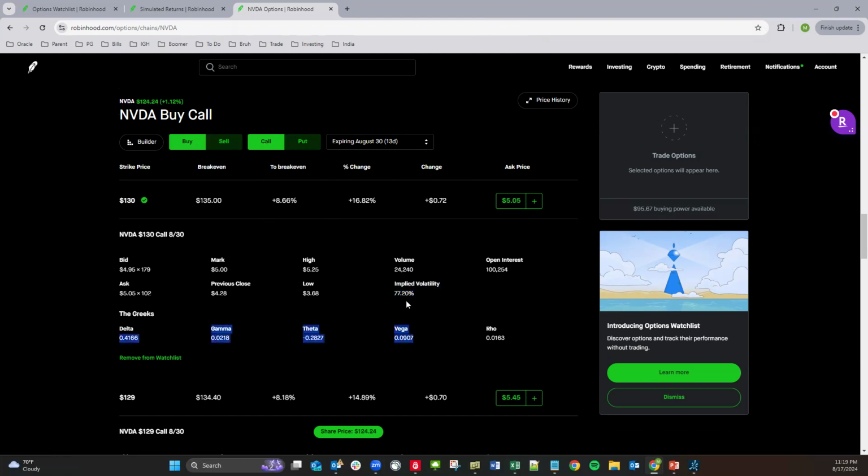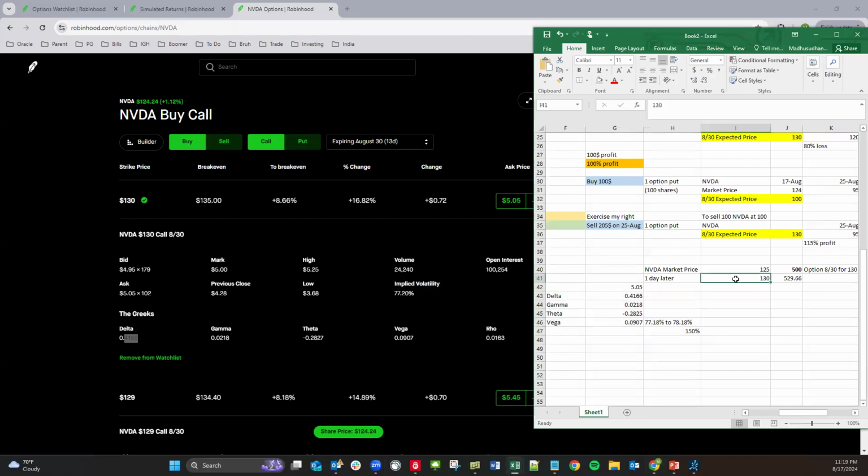Just like these other things, this will keep changing. As the price changes, from 124, let's say it got to 130, the delta also keeps increasing, right? Because that's when I'm trying to sell something, when it goes to 130, my delta has already increased. So this also keeps changing.